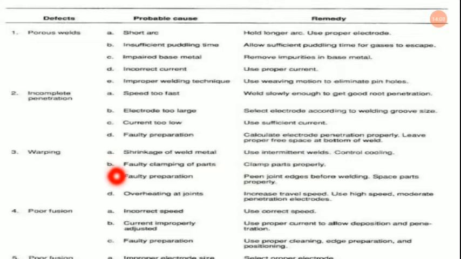Warping. Probable causes are shrinkage of weld metal, faulty clamping of parts, faulty preparation, and overheating at joints.